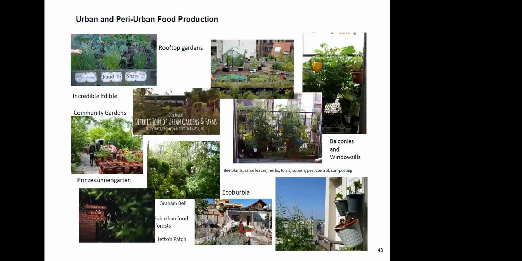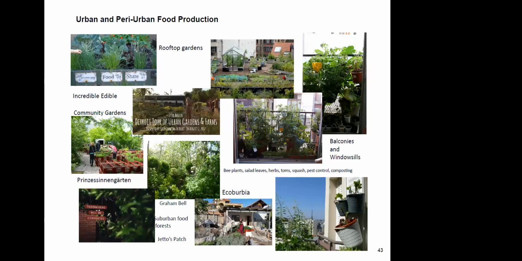So instead of wanting to go to the garden every day to get stuff to cook, it's really great to just have some easy things growing on a balcony or a windowsill. So squash and tomatoes will grow on a balcony, even on a windowsill if you get the right type of tomatoes. You can also do a real permaculture job there, so you can stack it so that the things that need sunlight most are at the top.